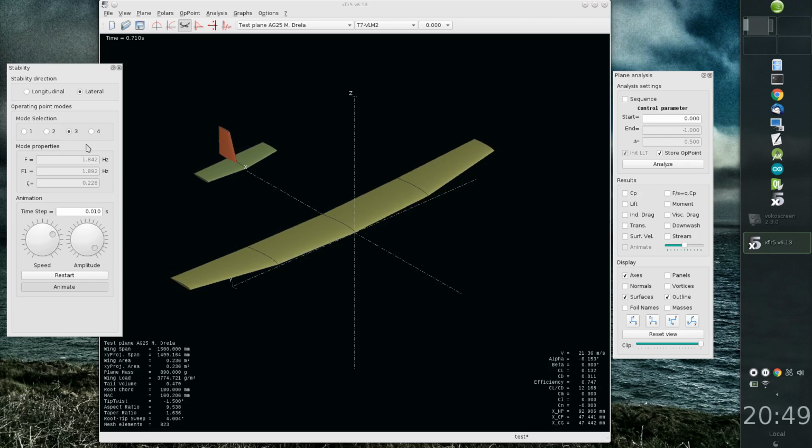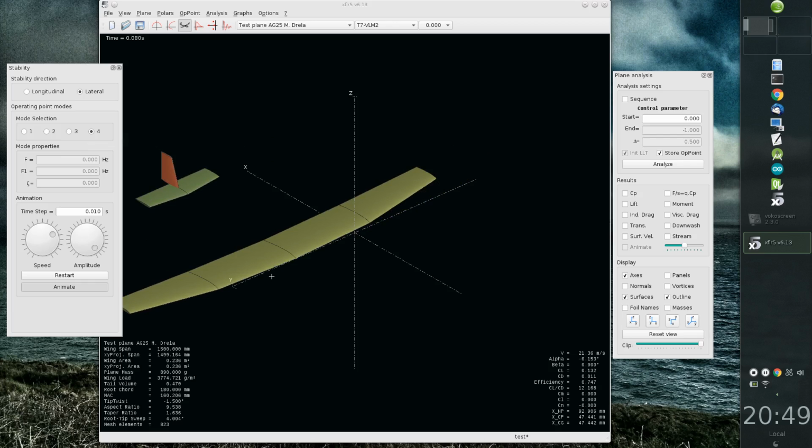Okay, and the last mode is a spiral mode. We have a yaw angle, and progressively we increase this yaw or reduce it depending on the stability of the plane. But it's a very slow mode. You see, it doesn't animate very fast.